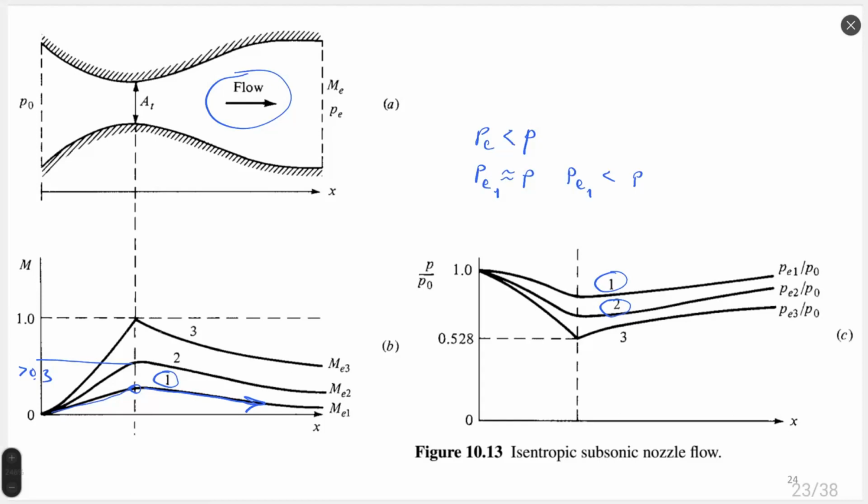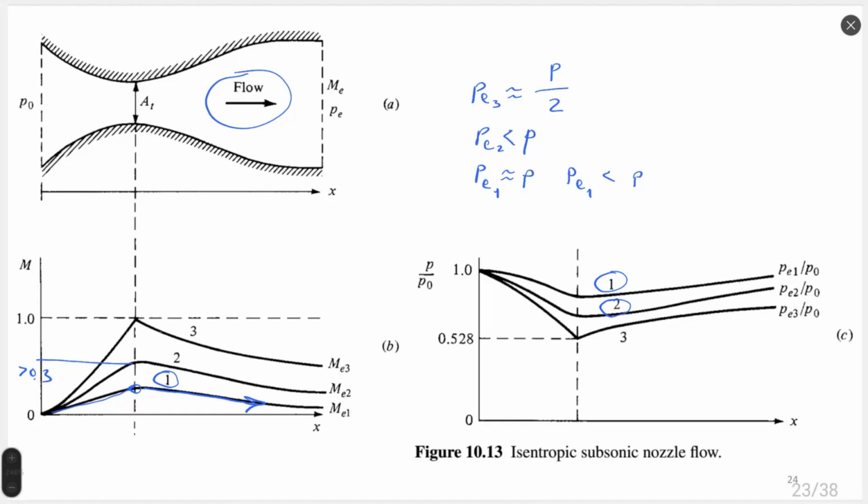And case 3 is an extreme case when the flow has enough potential for acceleration. It corresponds to pressure PE3 being approximately 2 times smaller than the inlet pressure. I say approximately because we need to reach this magic value of 0.528, or a bit more than 0.528.